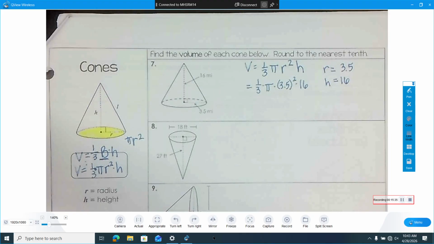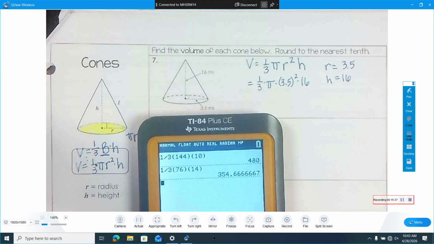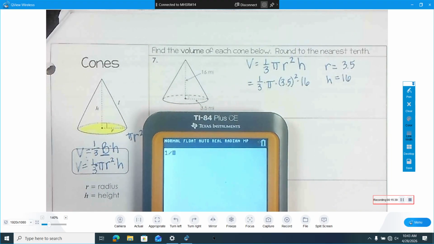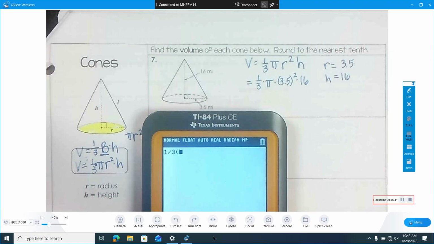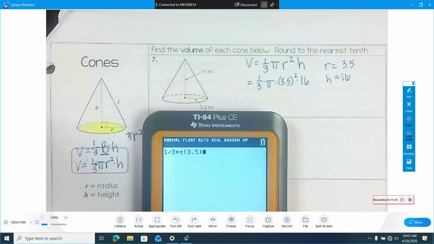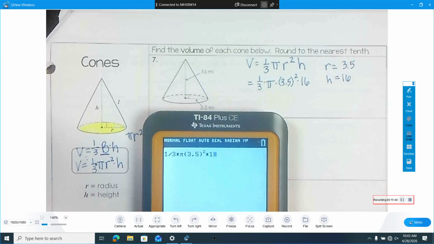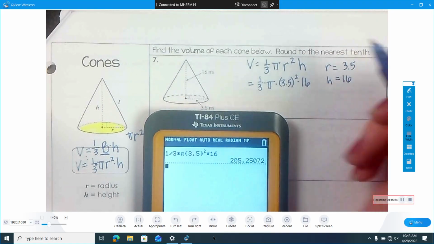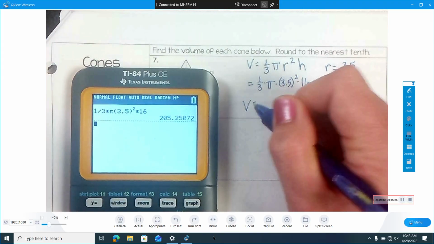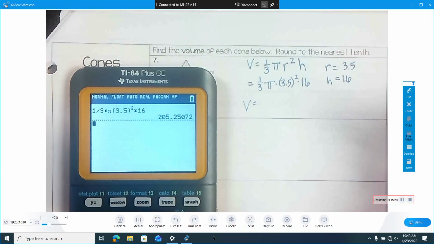All right, everybody take your calculators and make sure you know how to use your calculator properly. 1/3 times pi times 3.5 squared times 16. So you should have something like that. 205.